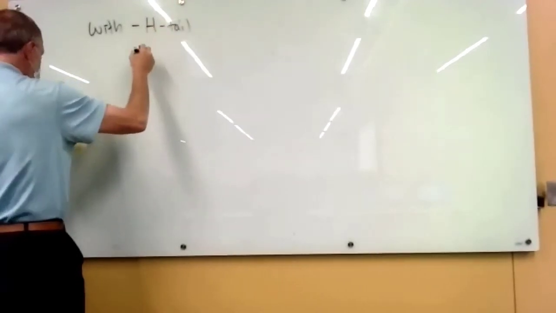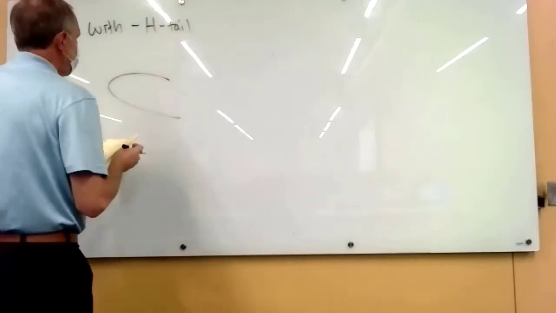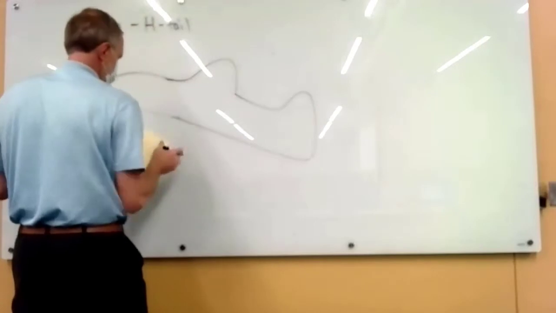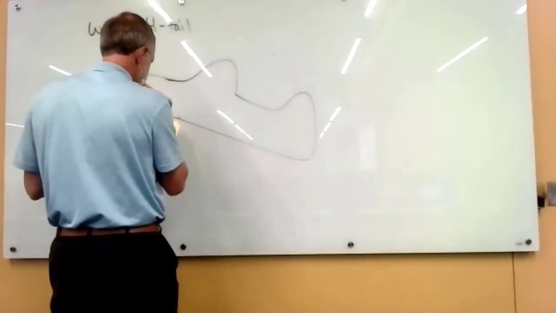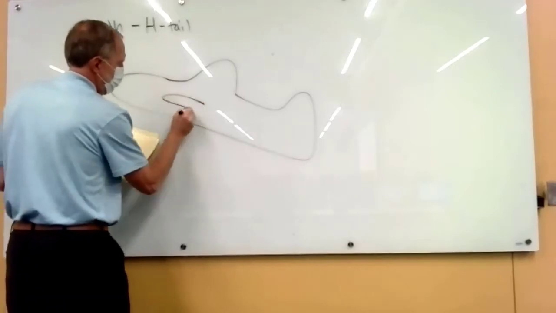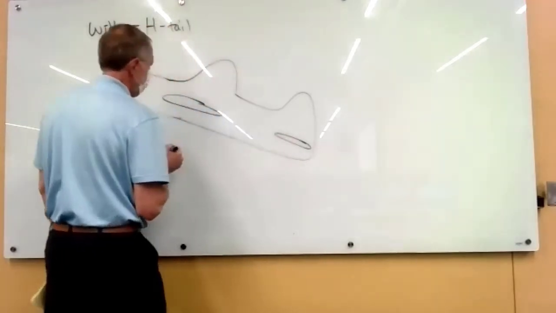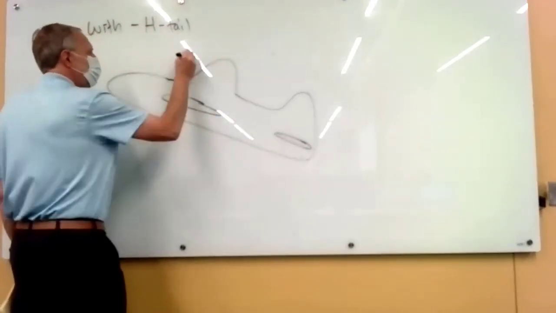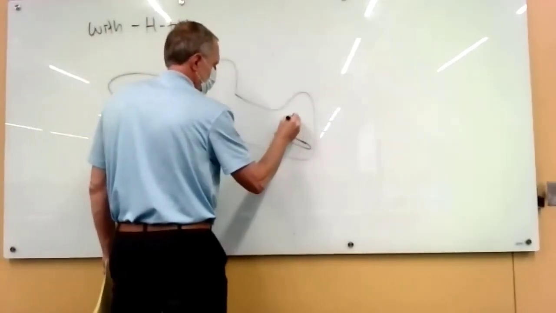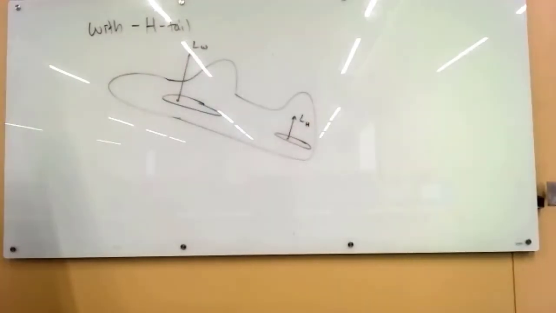So with a horizontal tail, our airplane looks like this. Here's our wing. Here's our horizontal tail. Here's the lift of the wing. Here's the lift of the horizontal tail.